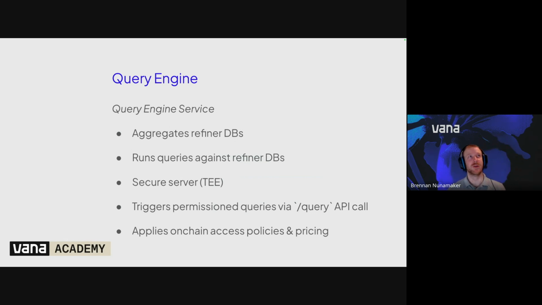So for each refiner that is defined on-chain, the query engine listens to a set of events, namely the refinement created or something like that event. And then once it receives this event, it downloads that individual data point and aggregates it into one refiner dataset database that we can run queries against, which is also encrypted, so not everybody can just access it.